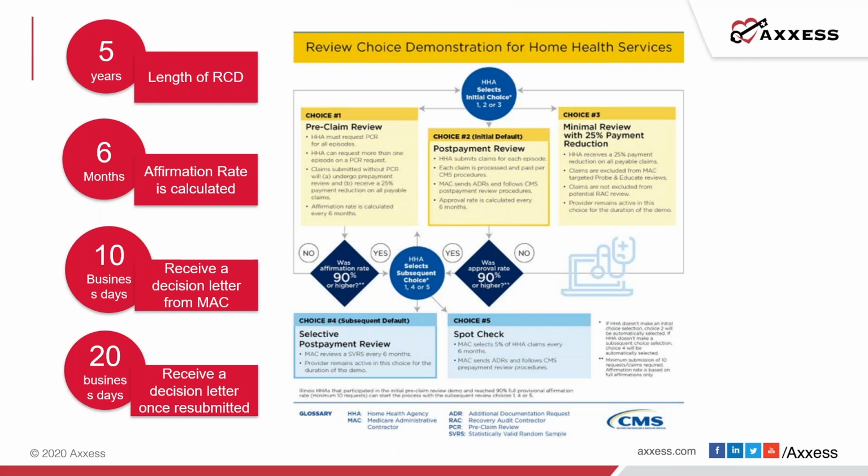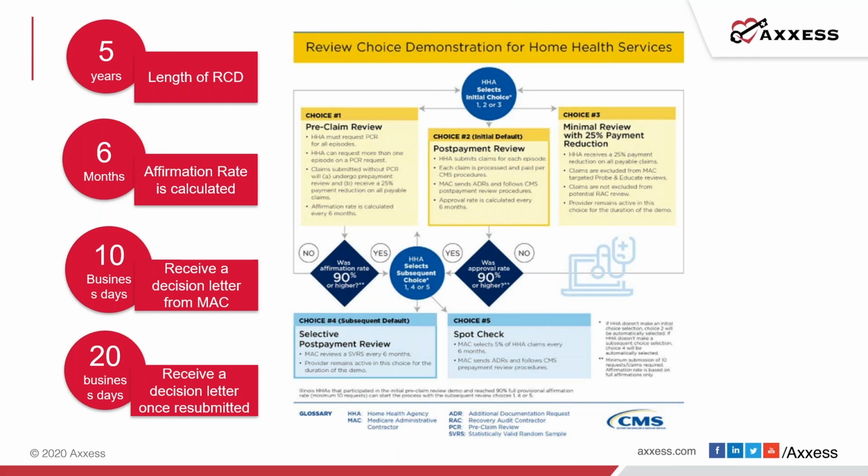CMS decided to halt the program in April of 2017 while only Illinois was still on it, so they could revamp the program and deal with some issues they may have had to overcome related to the review choice demonstration. When they brought it back, it became a review choice demonstration, and Illinois began again in 2019.